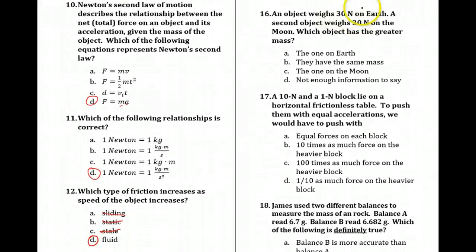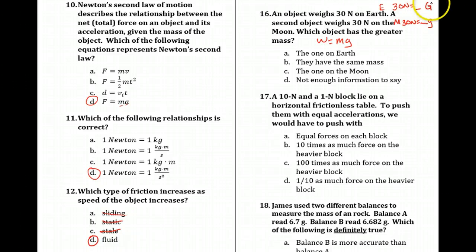An object weighs 30 newtons on Earth. A second object weighs 30 newtons on the Moon. Which object has the greater mass? Weight is equal to mass times gravity. So if we're on Earth, we've got 30 newtons is equal to gravity times some mass. And then on the Moon, we've got 30 newtons is equal to some mass times gravity, but we know that the Moon's gravity is smaller.